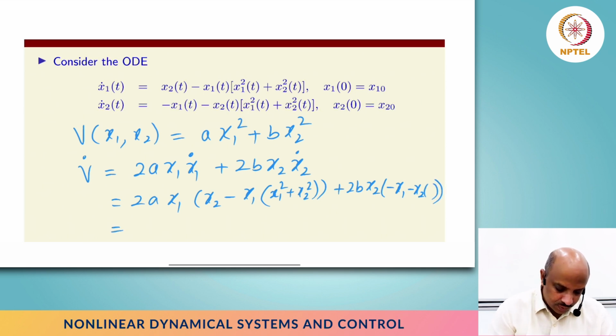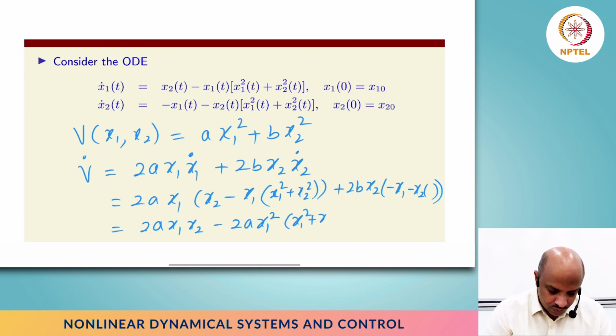So when we write this, 2a x1 x2 minus 2a x1 squared times (x1 squared plus x2 squared), minus 2b x1 x2, minus 2b x2 squared times (x1 squared plus x2 squared). So I'm going to pick now a equals b equals 1.